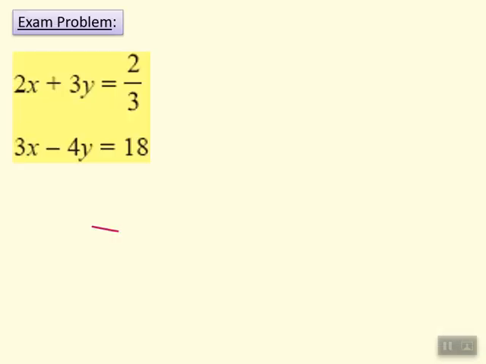Now, if you're not sure how to do it, what I would do first is, I don't like fractions in simultaneous equations, so I'm going to multiply everything by 3 first, just to get rid of that annoying denominator there. So I would just times it by 3. Okay, and then I'll just copy the other one underneath.